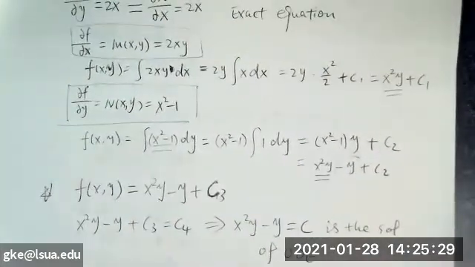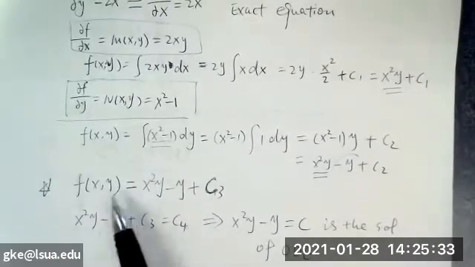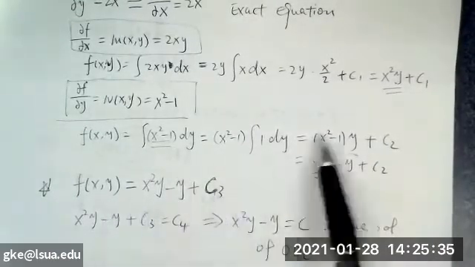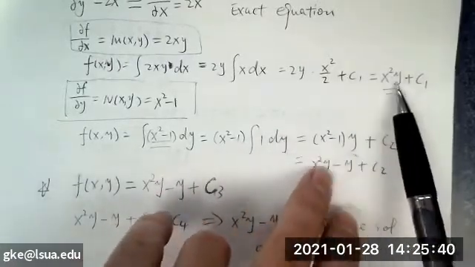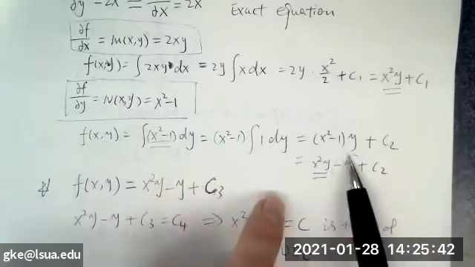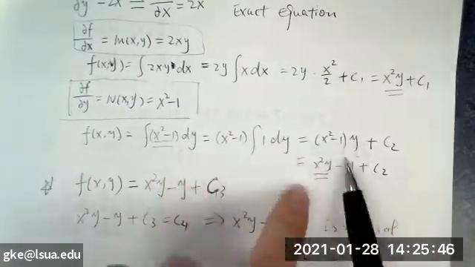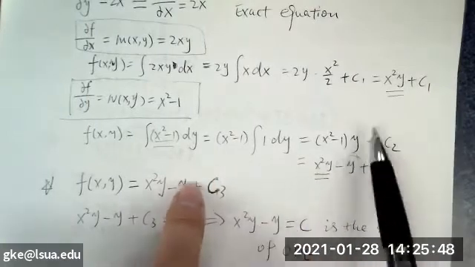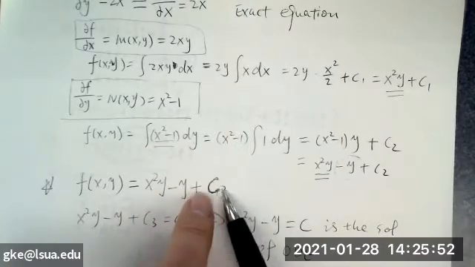So the key part is how you pick f(x,y). If there's a repetition, x squared y, you just pick one. If there are extra terms, you just pick one, negative y. Pick a negative y, and also you can write down the constant.